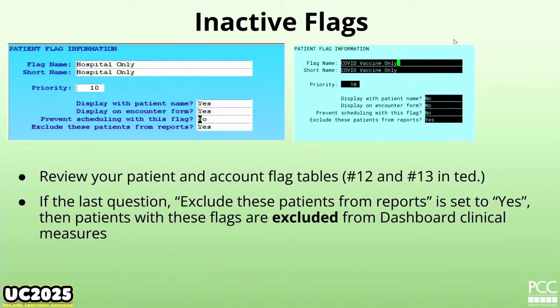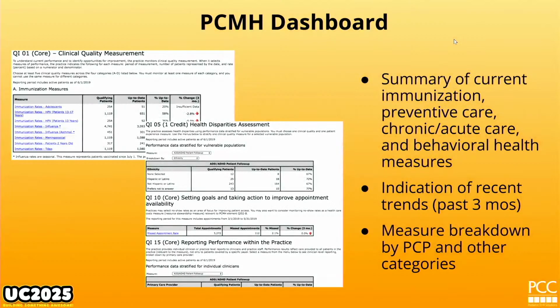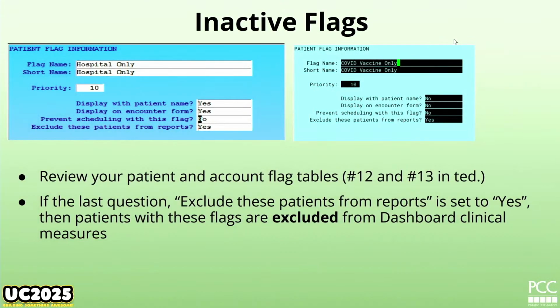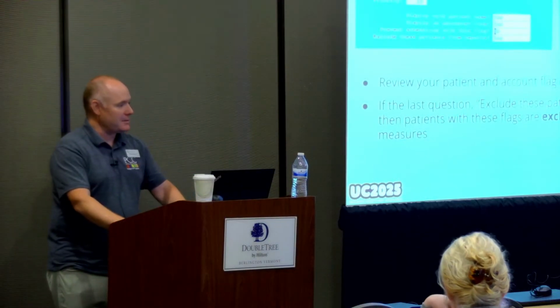All right, so the dashboard will exclude patients that have any flag marked as inactive. I should mention, actually, we're talking about the patient flag table. There is an account flag table, and that same question is in the account flags as well.